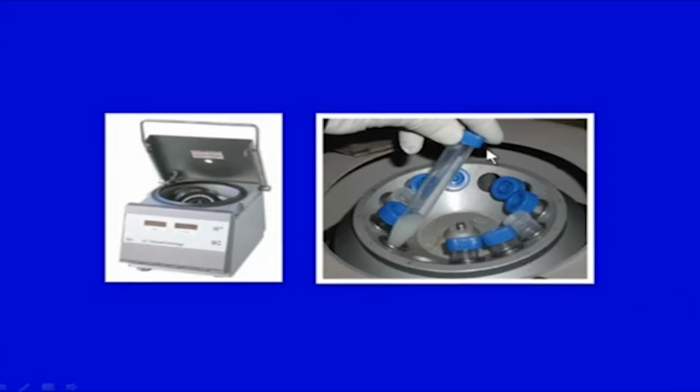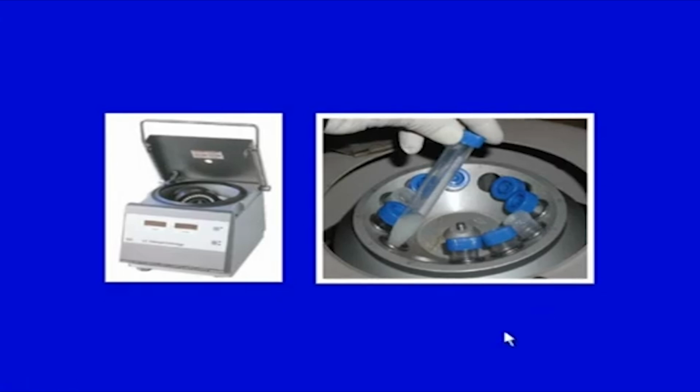The material or particle is suspended in a suitable liquid medium, and then this medium with the particles is kept in these centrifugation tubes. These could be plastic tubes or glass tubes also, but glass tubes can crack when you are applying a larger centrifugal force.